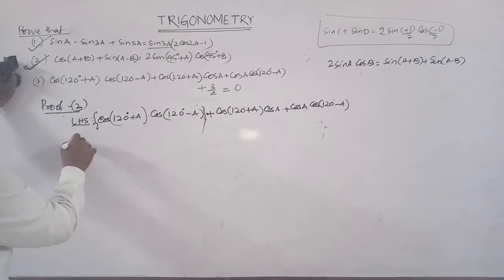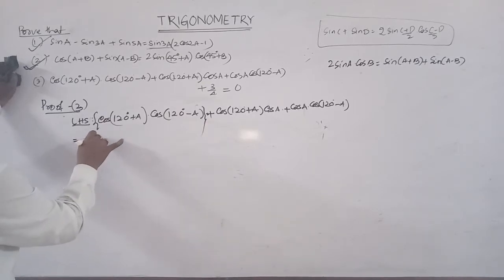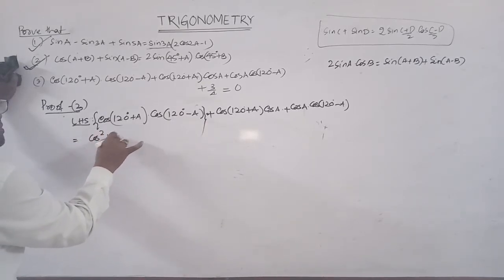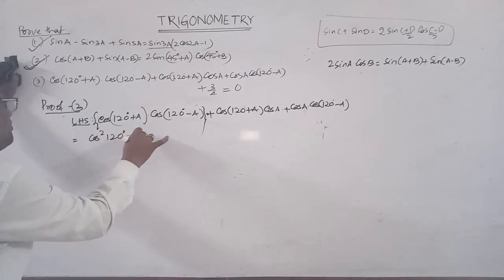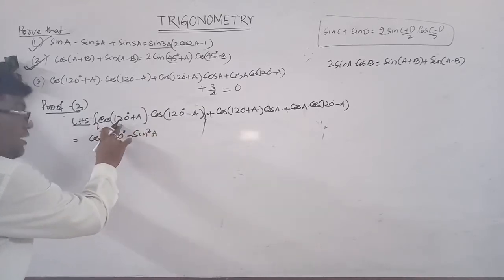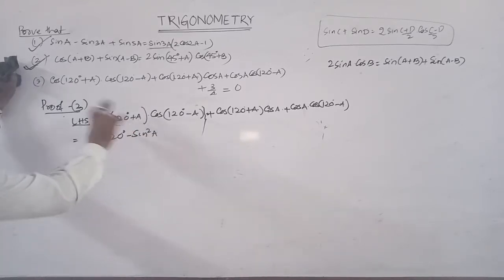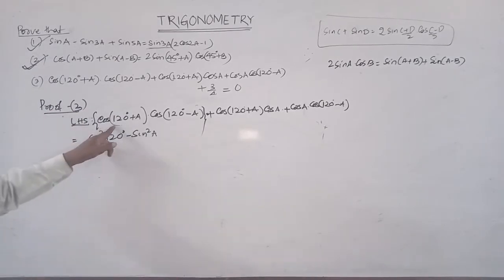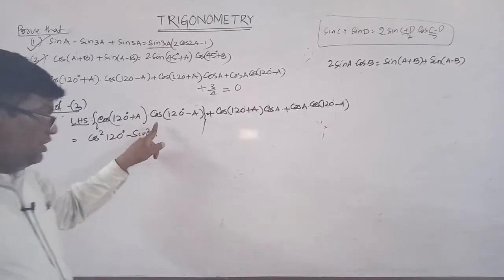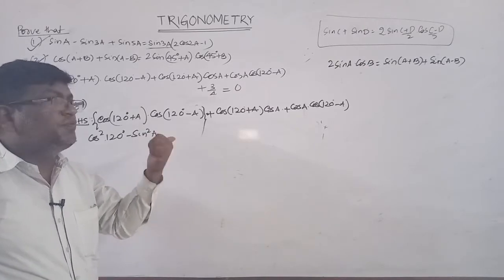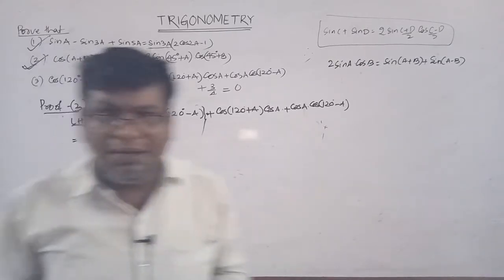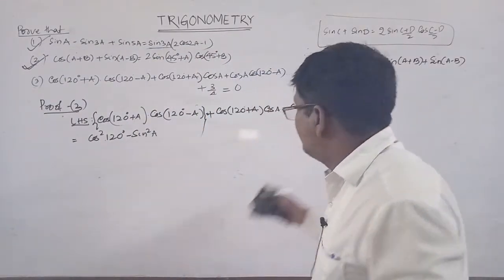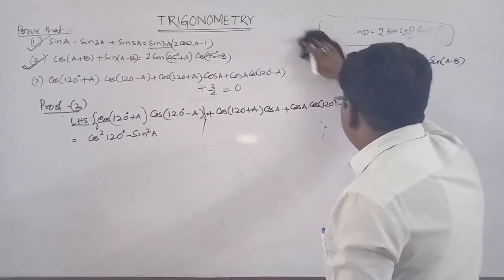Okay, so this is equal to what? cos² 120° minus sin² A, where 120° is equal to A and A is equal to B here. So cos(A+B) into cos(A−B), the formula is what? cos² A minus sin² B. Clear? cos² A minus sin² B.